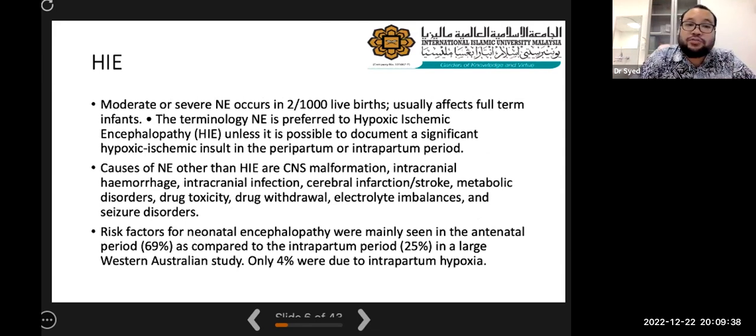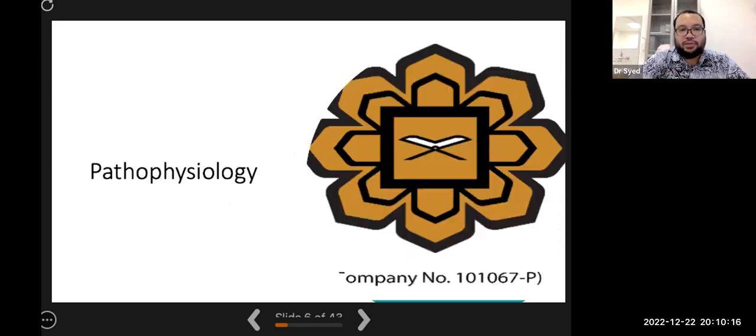Moderate or severe neonatal encephalopathy occurs in 2 in 1,000 live births, generally term infants. If we are sure it is hypoxic ischemic, we label it as hypoxic ischemic encephalopathy. If we are not sure, we label it as neonatal encephalopathy, because it is an umbrella term. It covers CNS malformation, intracranial hemorrhage, infection, cerebral infarction, stroke and so on. There are many causes that can result in neonatal encephalopathy.